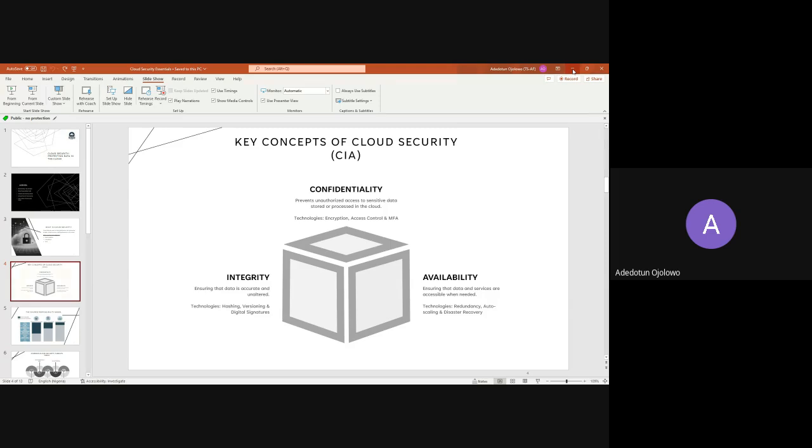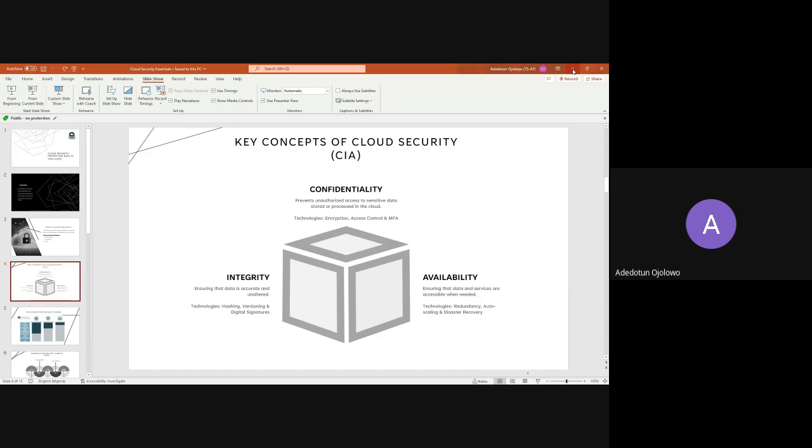Now, some technologies used in the cloud to implement integrity. We have hashing. Hashing is also related to encryption in a way. We have encryption, hashing, and tokenization. They are basically related because they all transform data from plain text to ciphertext, but they work in very different ways.